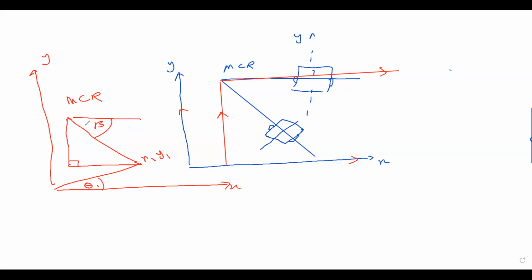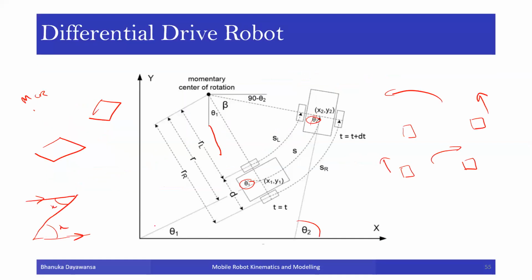So basically, if I go back to the screen over here, you see, I'm drawing a line from the center to here, right? So this is also 90 degrees. This is 90 degrees.